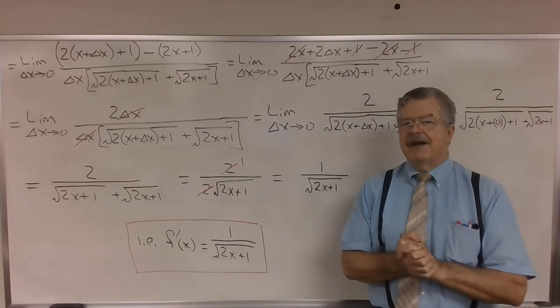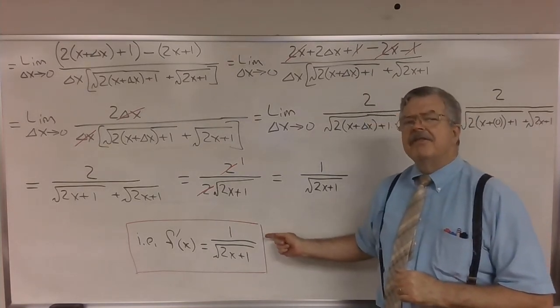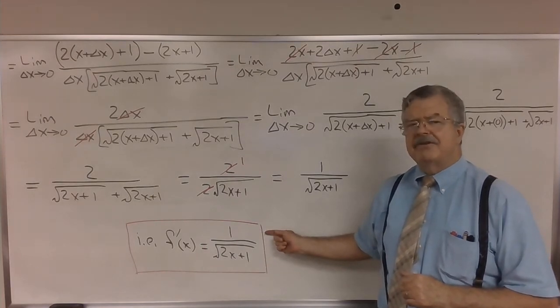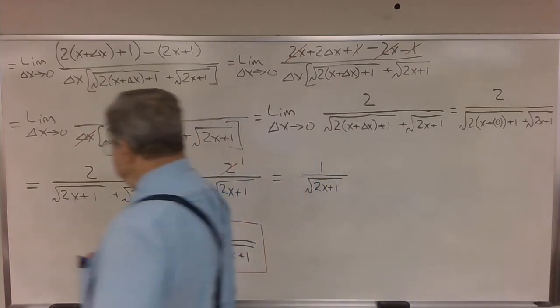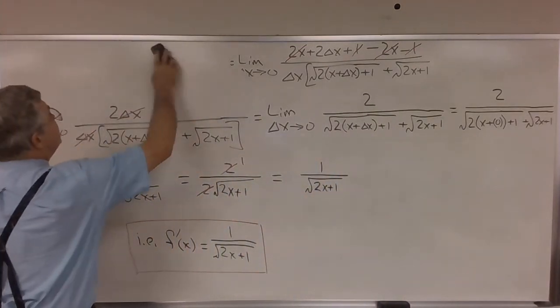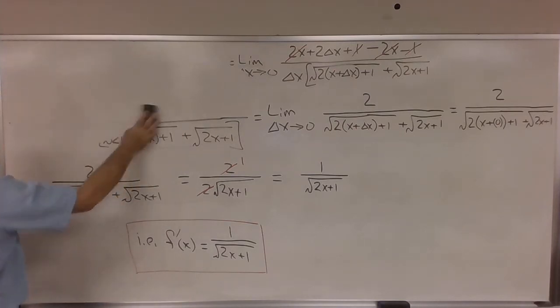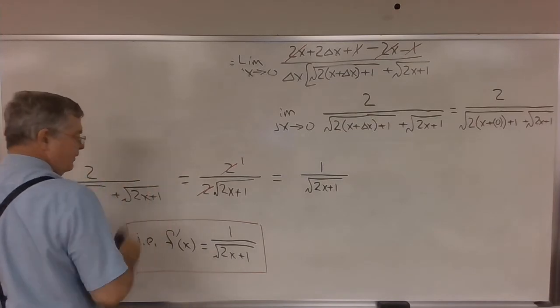Yeah, I almost forgot about that. But this is not my final answer. This is something that I had to do in order to get my final answers. So, let me see if I can reconstruct what it was that we wanted to do in the first place.